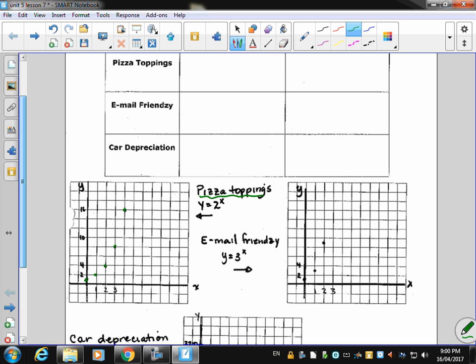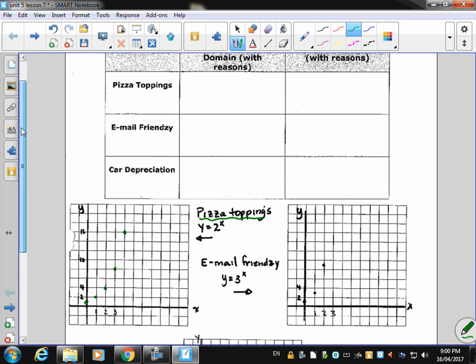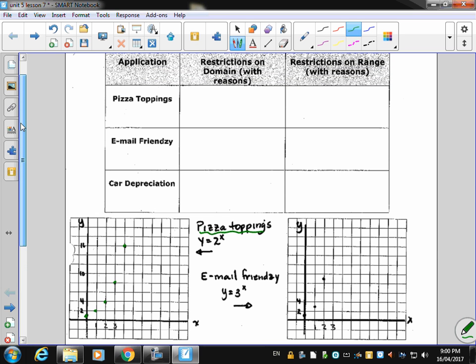Can x, or the number of toppings, be any number? Well, it wouldn't make sense to offer somebody 1.5 toppings. I know we do that sometimes on a half a pizza, but you're still doubling your choices. X isn't really a real number when we're talking about pizza toppings. X would be a whole number because you could have 1 topping, 2 toppings, 3 toppings, but you wouldn't have 3.74 toppings.